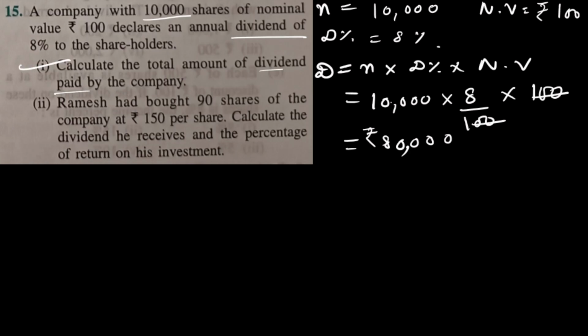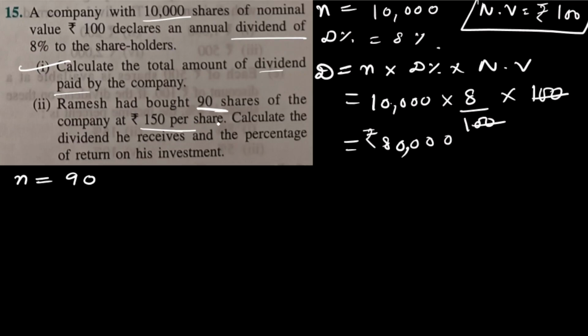Now see this question again, it's similar to the previous question. See here what happened. Ramesh had bought 90 shares. So again, some buying is happening here. How many shares are being bought? Number of shares is equal to 90. Of the company, at what price has he bought? See, nominal value we already know.